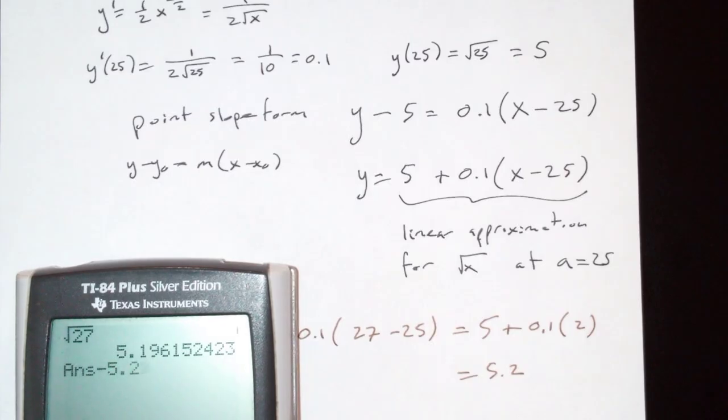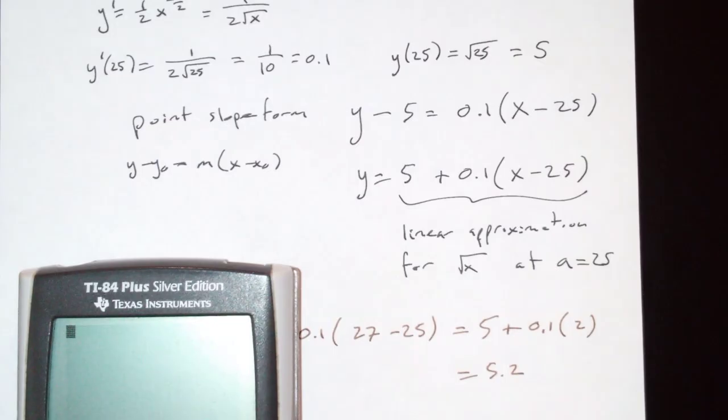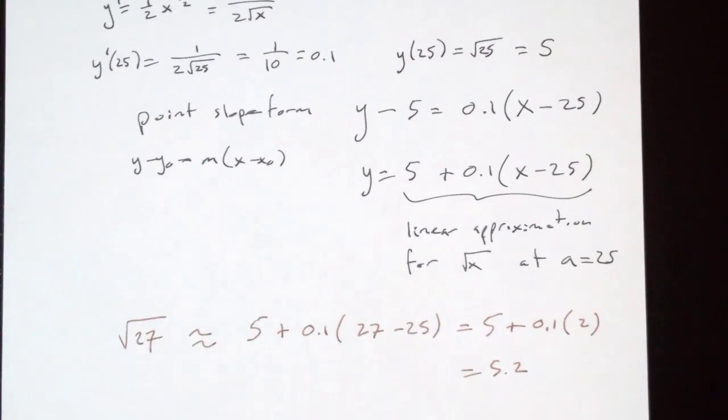Minus 5.2. It's a little itty bitty number, isn't it? That is 0.07%. That's pretty damn good. Less than 0.1% off with an approximation.